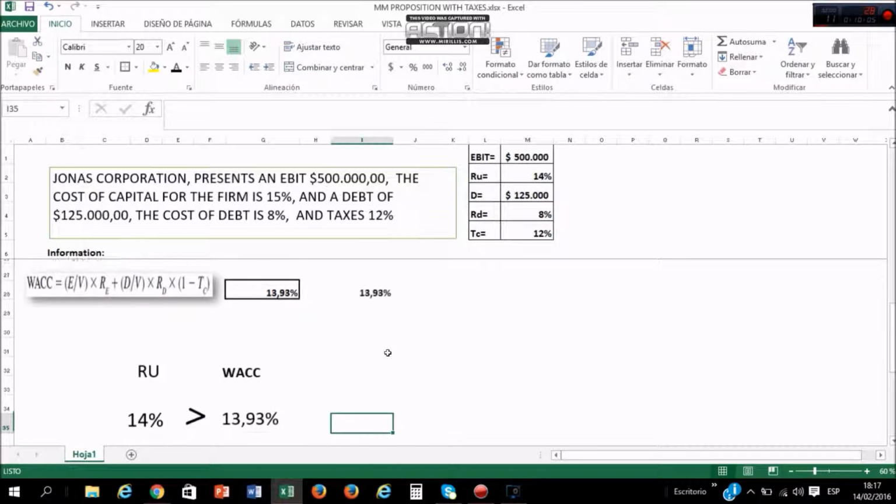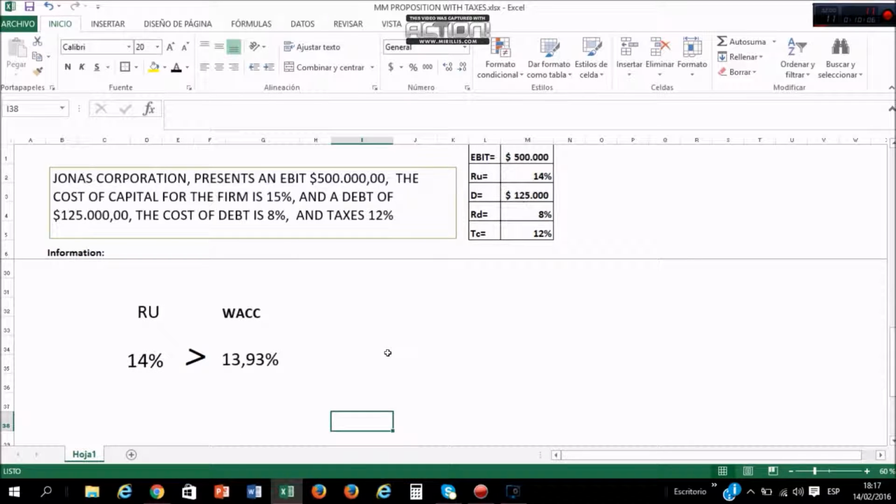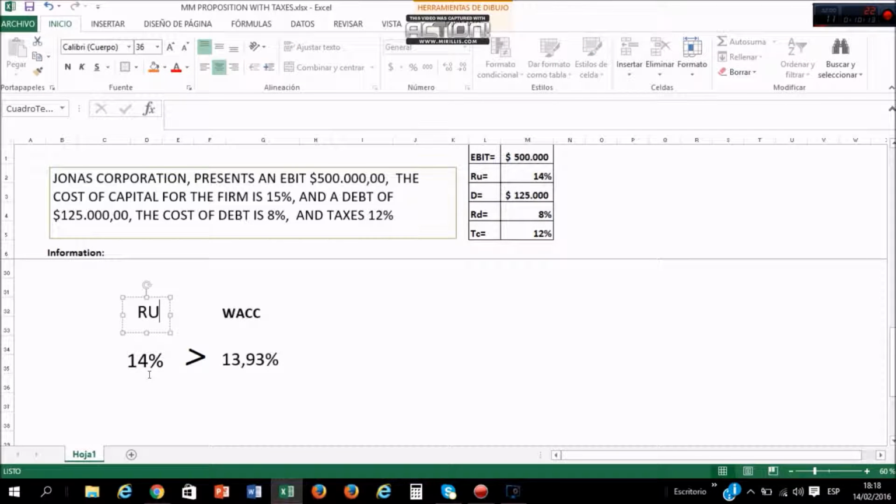So, remember what the proposition of Miller and Modigliani says. RU for the unlevered firm is 14%, and the WACC for the levered firm is 13.93%.